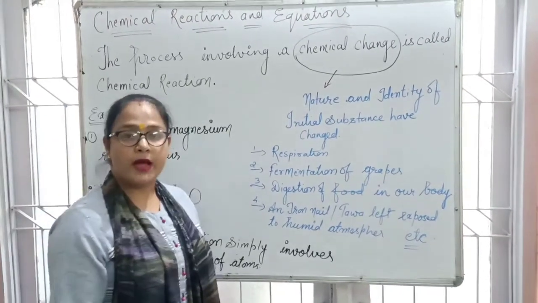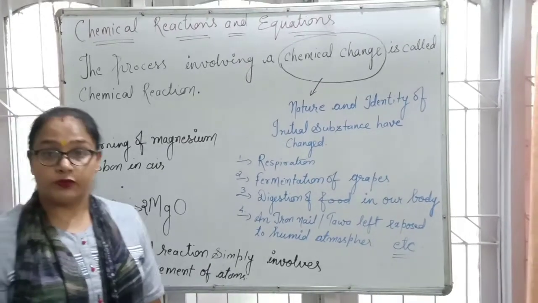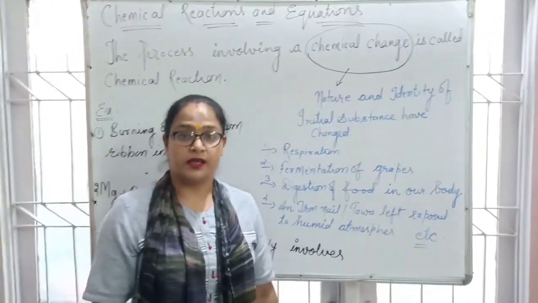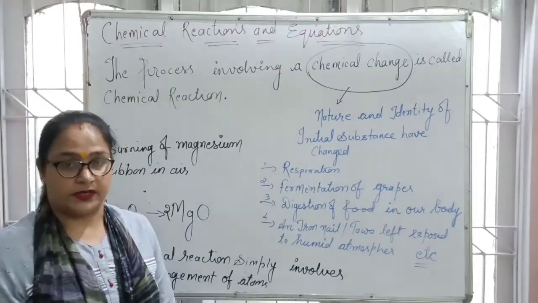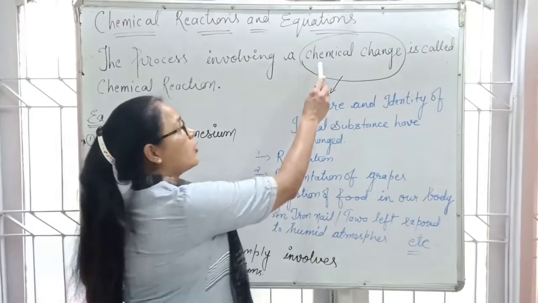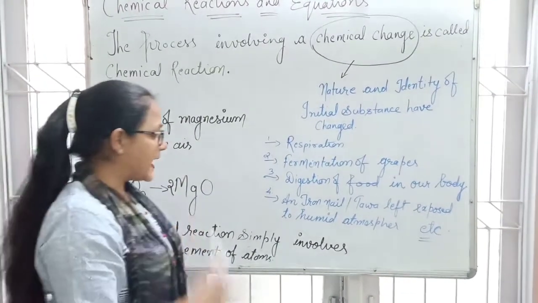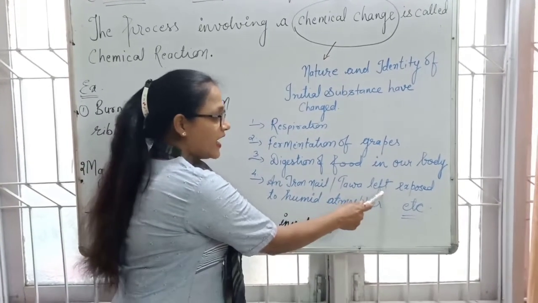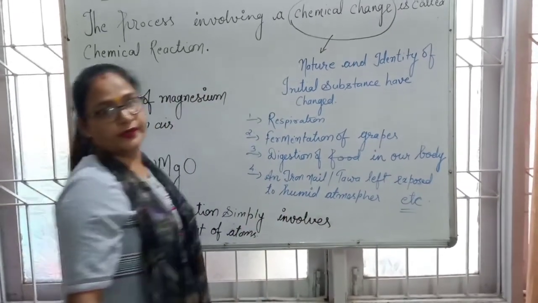So it is also considered a chemical change. Next, the digestion of food in our body. Whatever food we take in is digested in our body, and the process is absolutely irreversible. That's why it is called a chemical change. We can take the next example: an iron nail or tawa left exposed to a humid atmosphere.